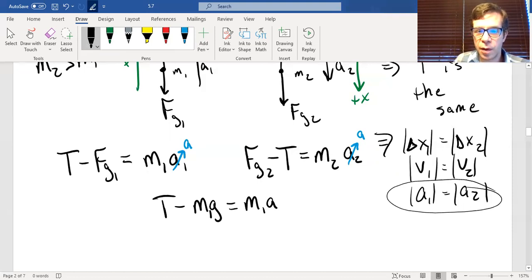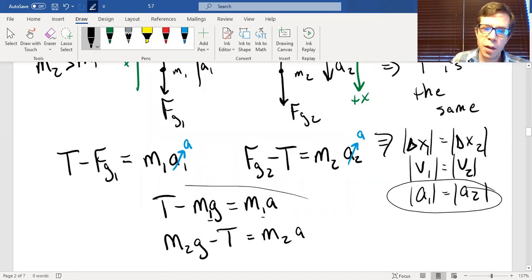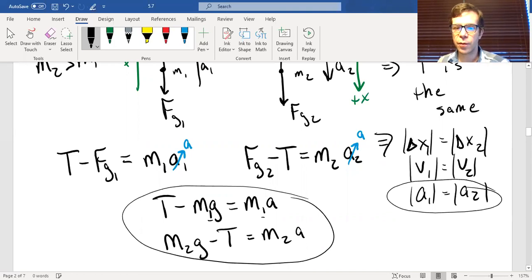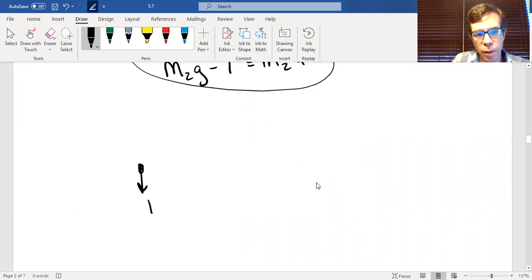Now I'm just replacing the force of gravity with M times G, and I'm keeping subscripts for the associated mass. From free body diagram 2, I get M2G minus tension is equal to M2A. And that would be our equations for this setup. All right, so since I did something weird with my coordinate systems, I want to go through it again, but with a standard coordinate system. So let's redraw our free body diagrams.